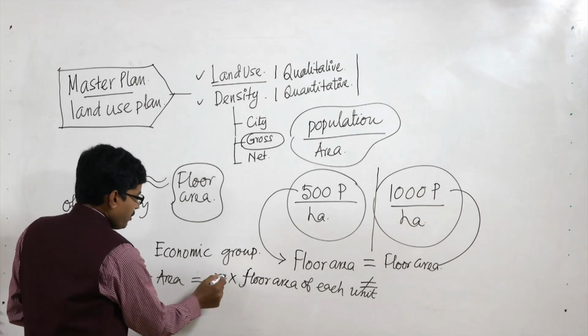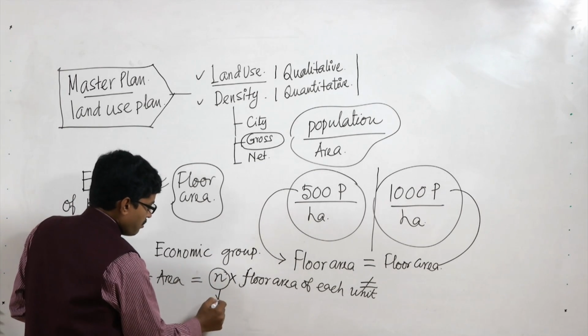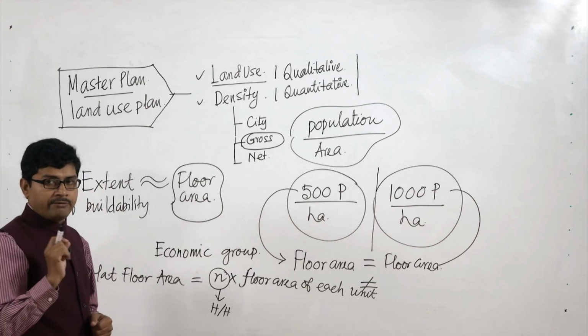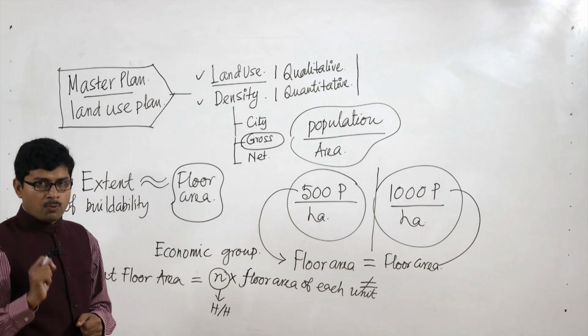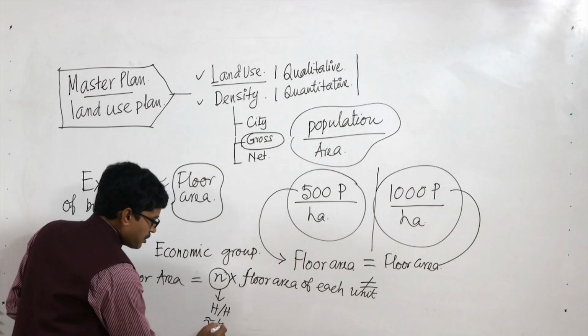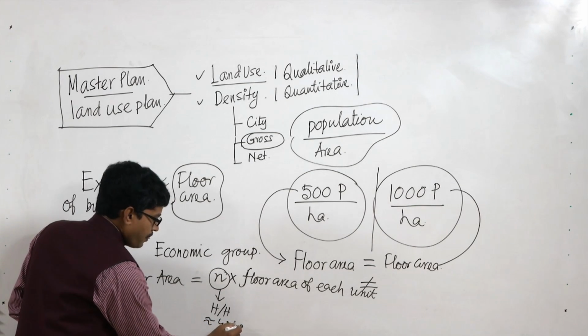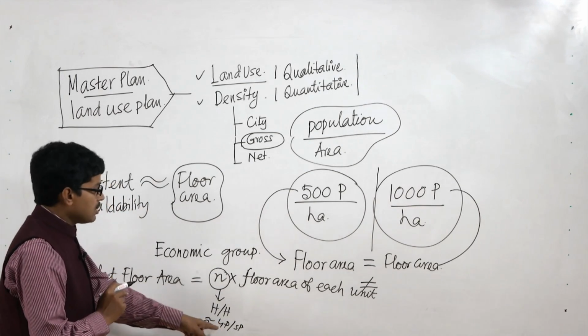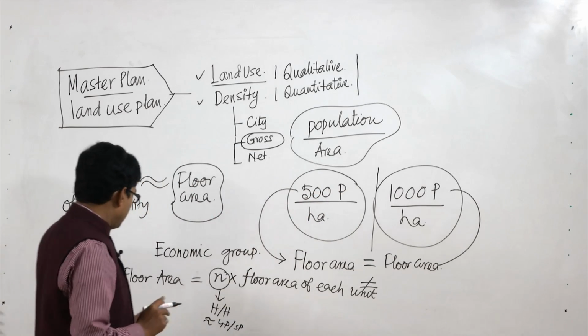Now this number of units is equal to the number of households basically, because we can consider that every unit of the housing will be occupied by one household. Household means we can consider either 4 persons or 5 persons per unit. So that is the relation between the density and the floor area.